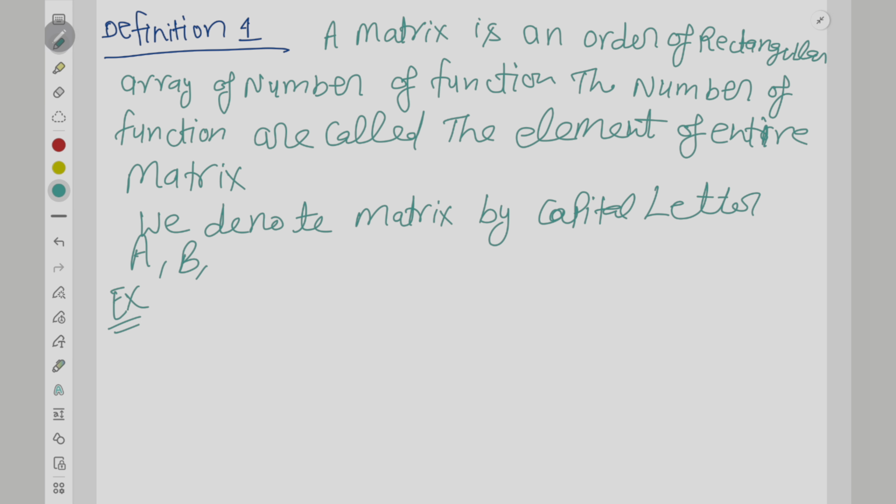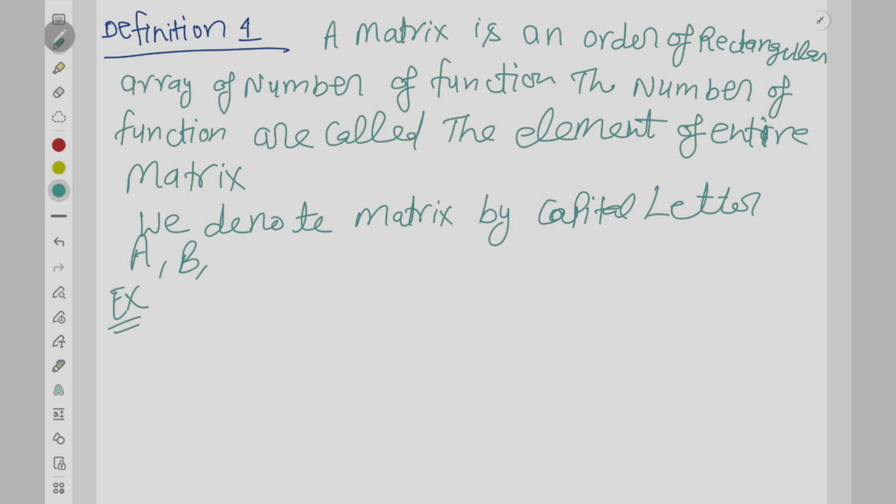Another matrix B has entries 2 plus iota, 3 minus 1 by 2, 3.5, minus 1, 2 under √3, 5, 5 by 7.